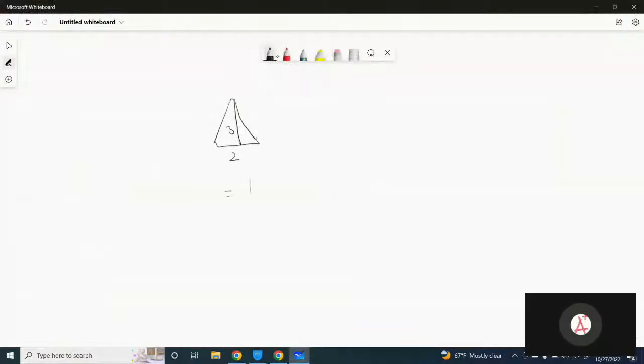So it would be half times base times height. 3 times 2 is 6 and 6 divided by 2 is 3. Then the opposite side of this one, here you have 3 and here you have 2. So it would be half times 3 times 2. So it would be 3 times 2 is 6 and 6 divided by 2 is 3.